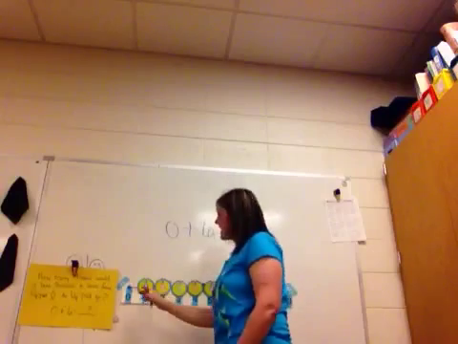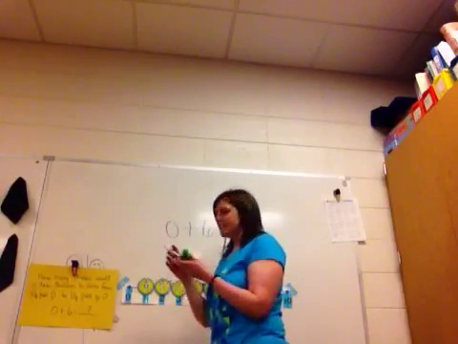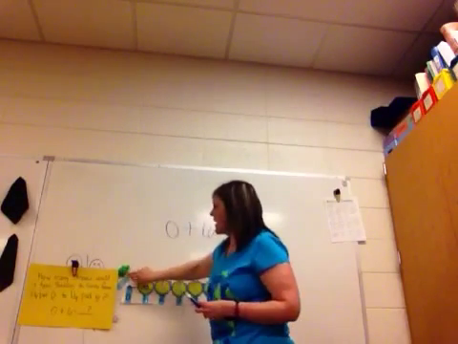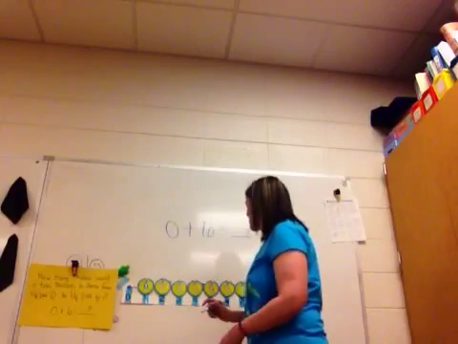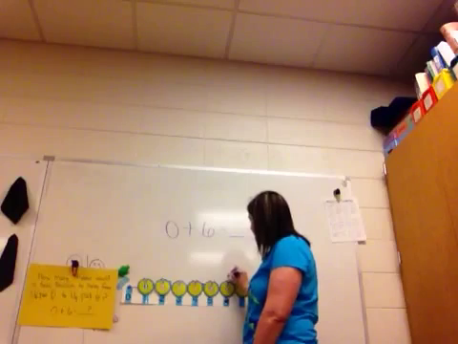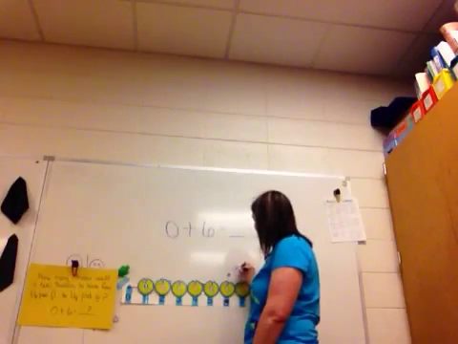Okay, they said that Sheldon started on 0. There's Sheldon. And he is going to swim to lily pad number 6. So here is lily pad number 6. We know that's where we have to stop.